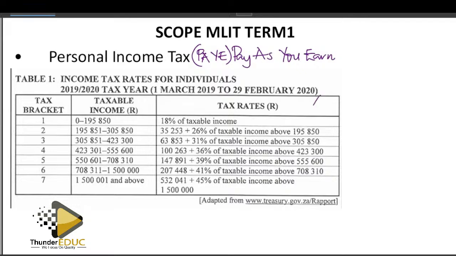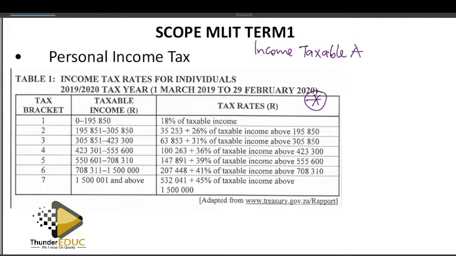Number one, before you touch this table here that you're going to use, you have to know the following. First and foremost, you should make sure that the amount you're going to use, the income, has to be taxable. On top of being taxable, it has to be annual. All right.